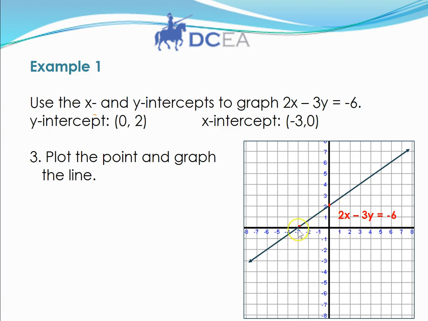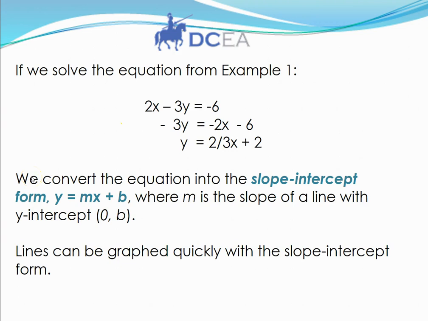So we have our 2 points, and you draw the line through the 2 points. Whenever you're making a graph, if it came from a linear equation, you want to graph that equation on the graph also. If we solve the equation from example 1, we have 2x minus 3y equals negative 6.